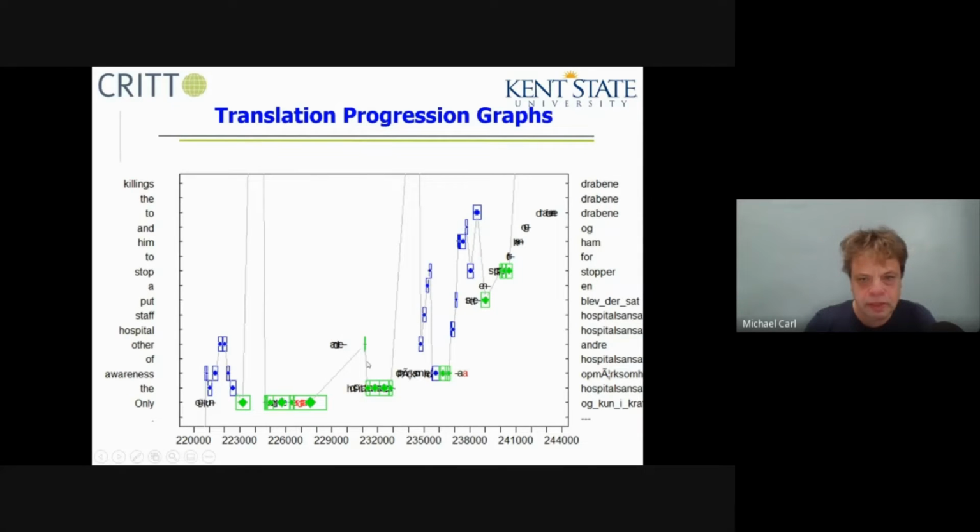Then in Danish there is a kind of syntactic reordering. Yeah, so in Danish this is the translation of other hospital staff awareness, hospital staff awareness. So there is a reordering required for Danish, right? So that makes that there is some hesitation here, deletion, and so on.